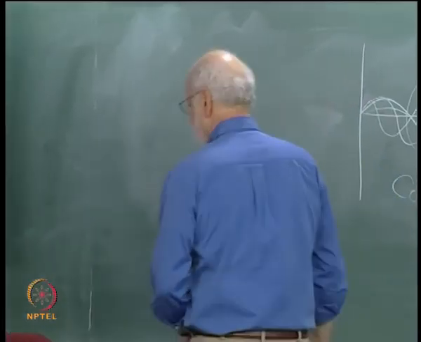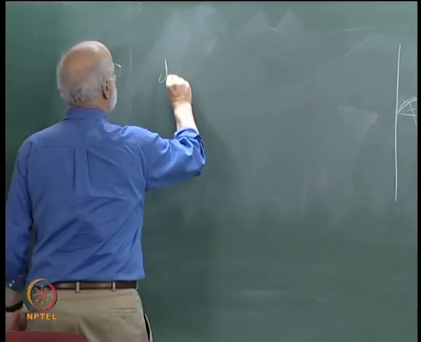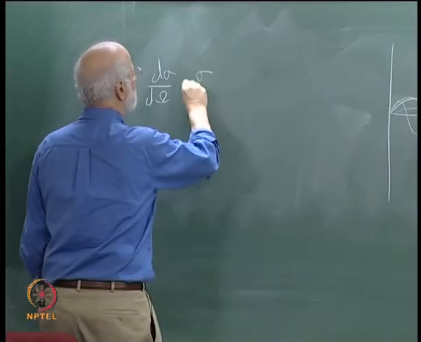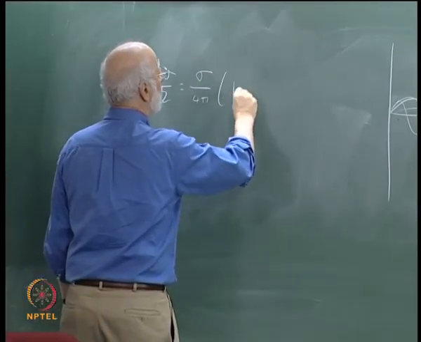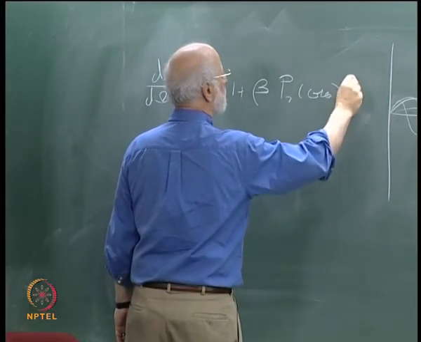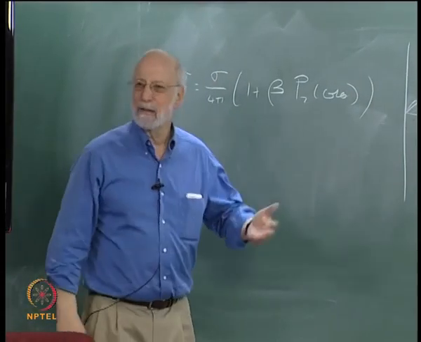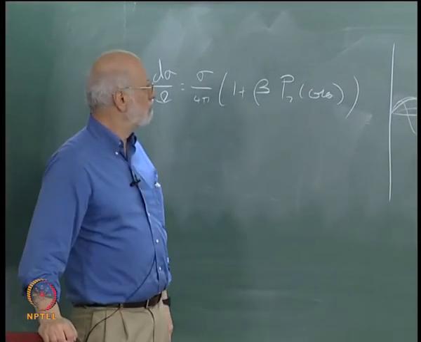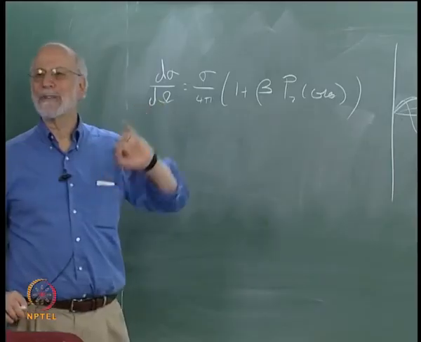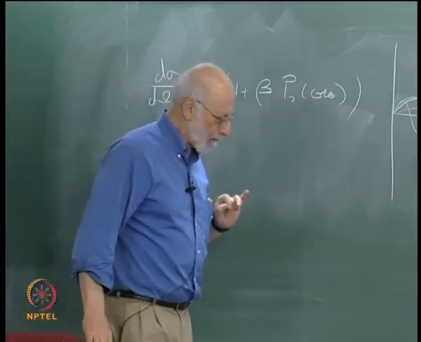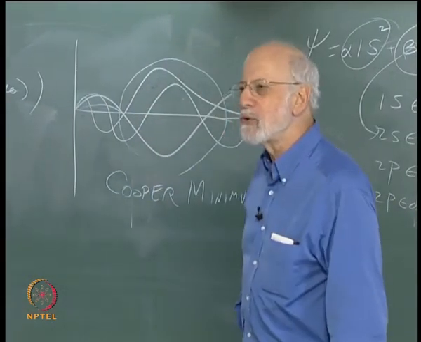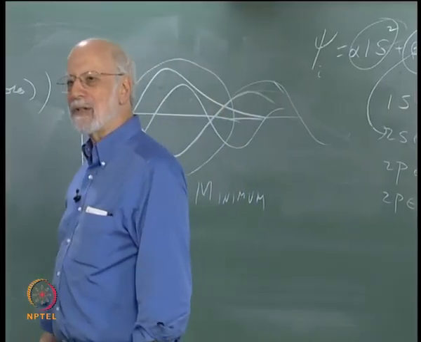And it turns out that you probably know this formula, that the differential cross-section is sigma over 4 pi, 1 plus beta P2 of cosine theta, where P2 is just the second order Legendre polynomial, 3 cosine squared minus 1 over 2, I believe, and beta is the so-called asymmetry parameter. And you can work out an expression for this beta, which tells you something about the angular distribution.